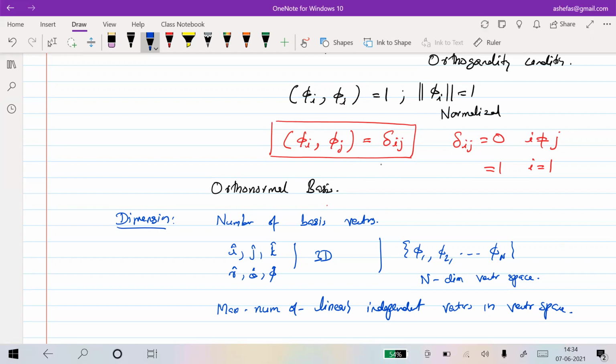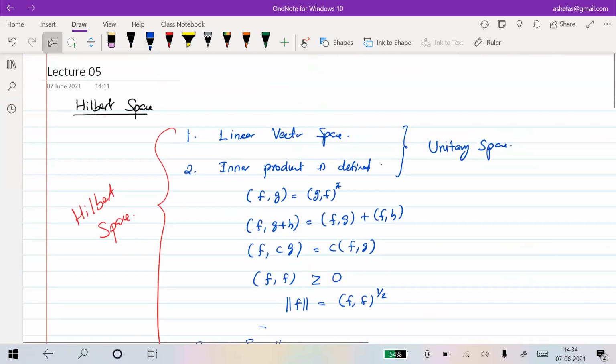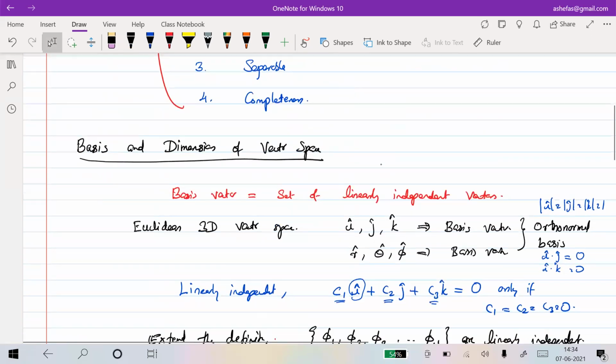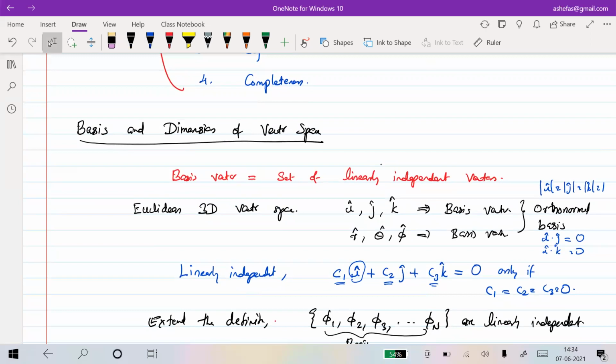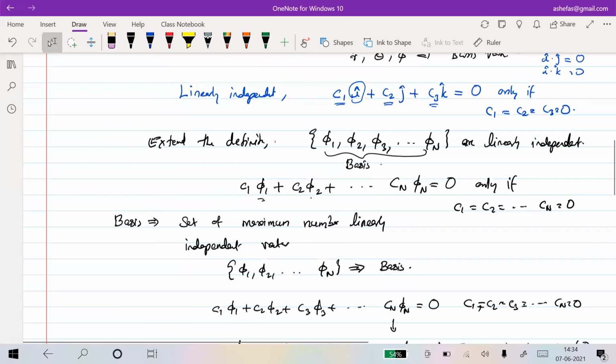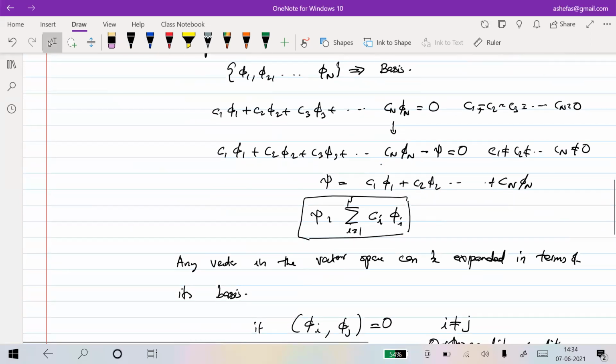So we started with the definition of the Hilbert space. The Hilbert space is a unitary space which is separable and complete. After that, we defined what a basis is. A basis is a set of linearly independent vectors, or the maximum number of linearly independent vectors in a vector space. Once you know the basis vectors, we can express any vector within that vector space as a superposition of the basis vectors.